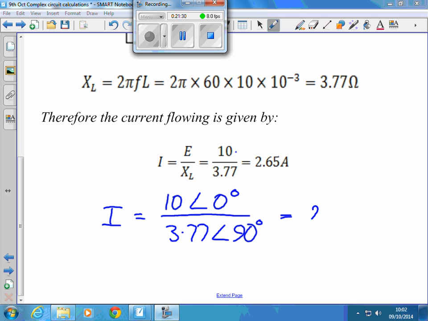And we still get the 2.65 amps, but then we say it's got an angle of minus 90 degrees, and that fits in with our word CIVIL, because in the inductive circuit the current should be lagging the voltage.